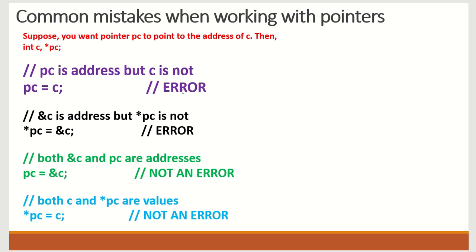That's why you will get the error message. *pc equal to &c: &c is an address but *pc is not. That's why you will get the error. pc equal to &c: both &c and pc are addresses. That's why you will not get any error. *pc equal to c means both c and *pc are values. That's why you will not get any error.